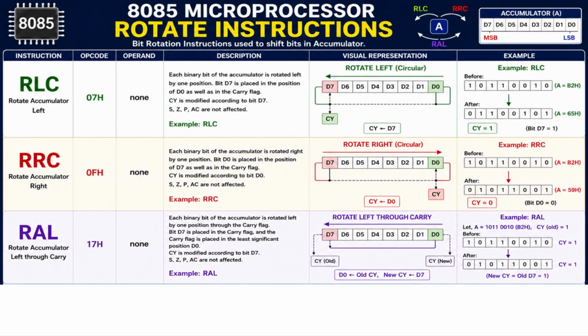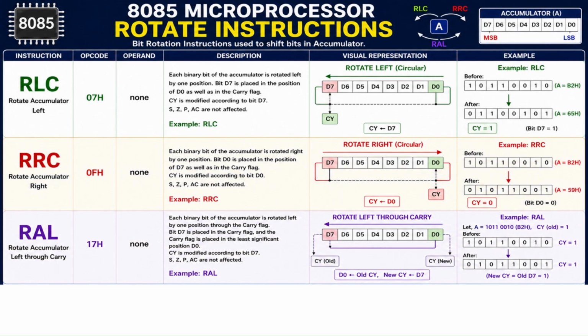Look carefully at the diagram. Imagine the carry flag as a 9th bit attached to the accumulator. During rotation, every accumulator bit moves one position to the left. The original D7 moves to the carry flag, but now instead of D7 coming directly back to D0, the old carry flag enters D0.